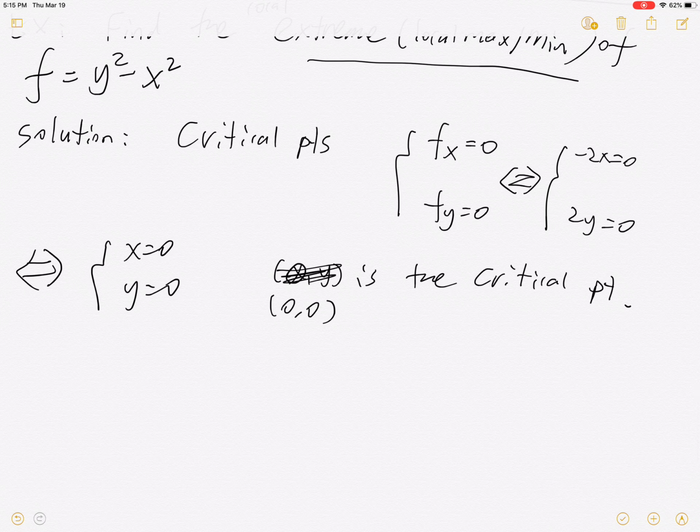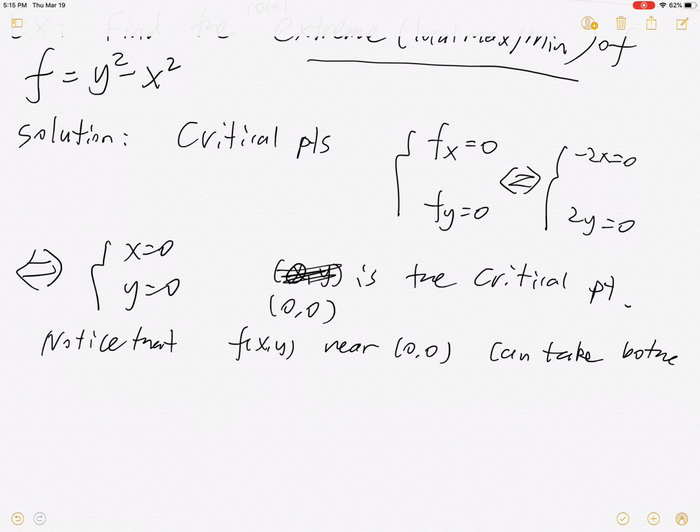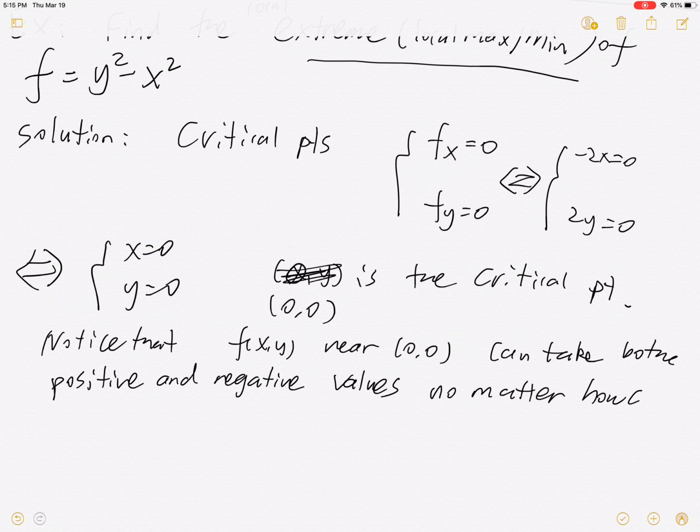Since we don't have the criterion here, I will just give you the result. So notice that f(x, y) near (0, 0) can take both positive and negative values, no matter how close the point (x, y) is to (0, 0).